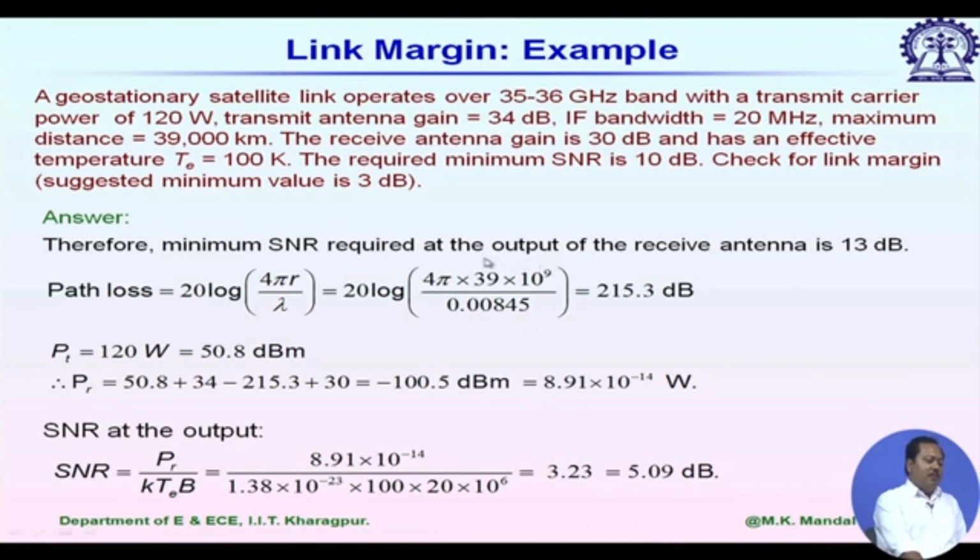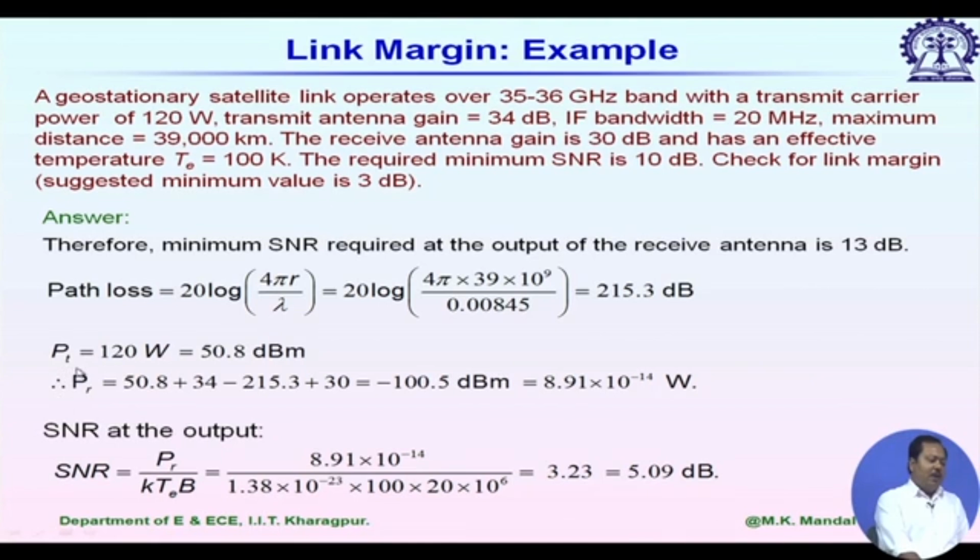Now, path loss in decibel scale comes to 15.3 dB. We will convert all this data to decibel scale. It will be easier for calculation, and it becomes simply an arithmetic addition and subtraction problem.